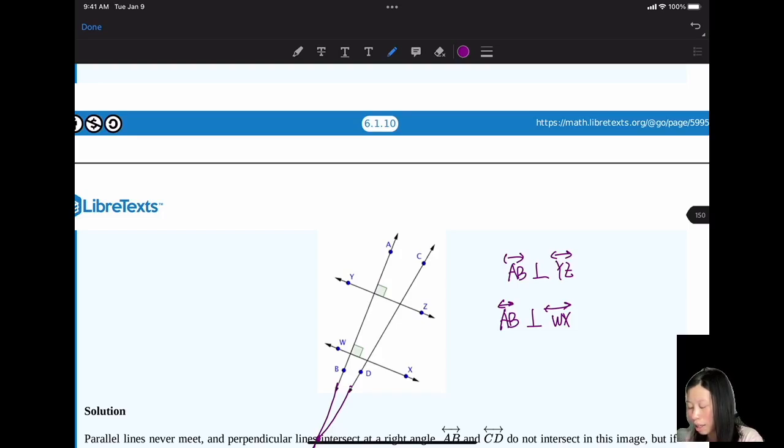But YZ and WX seem not to have an intersection, and the arrows in here indicate that these two are parallel. So I can write line YZ parallel to line WX.